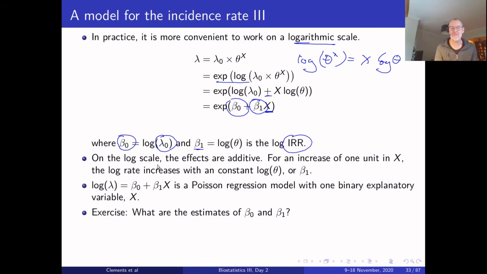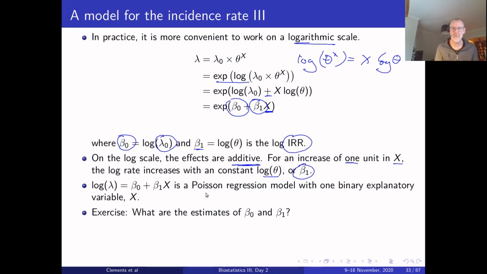What's nice is that on the log scale, the effects are additive. So we've basically moved from a multiplicative scale to an additive scale using logs, which is very similar to what we do for logistic. And for an increase of 1 unit in x, the log rate increases by a constant factor of log theta, which is equal to beta 1.